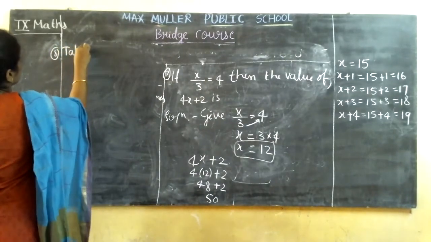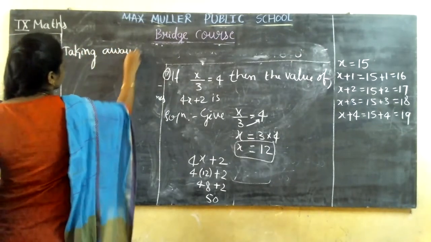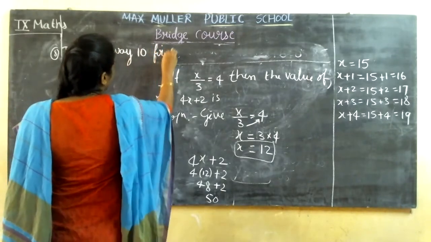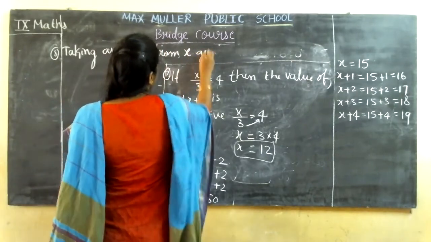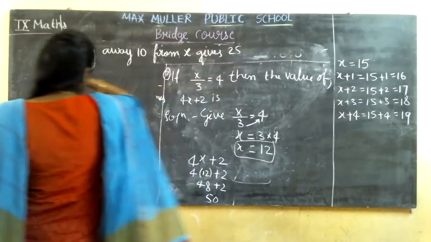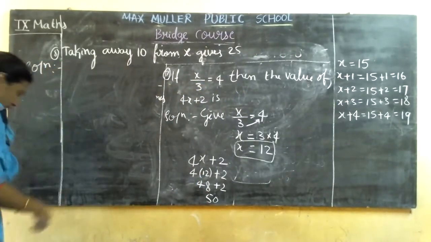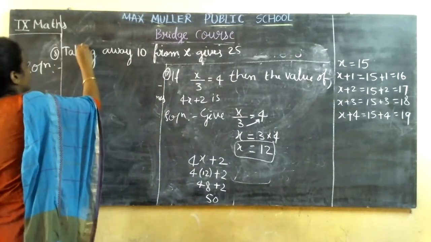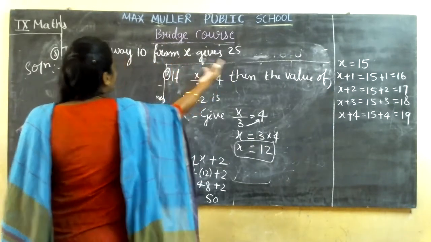We'll take 25, no issues. We are just forming the expressions. We're not going to find any values, right? We'll take any number, you are just practicing. Taking away 10 from x gives 25.